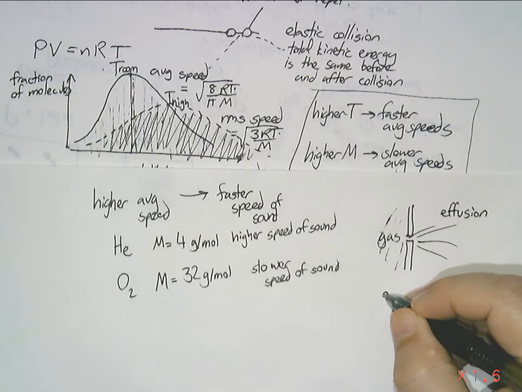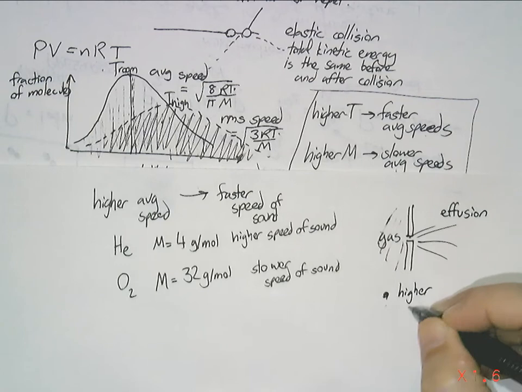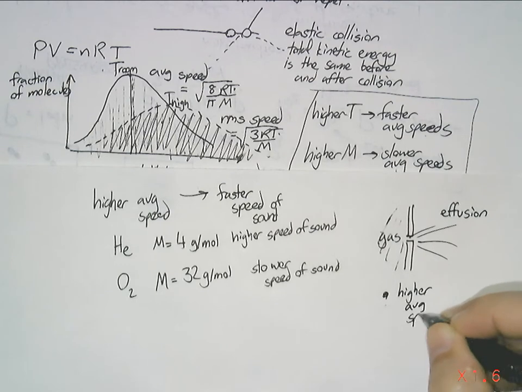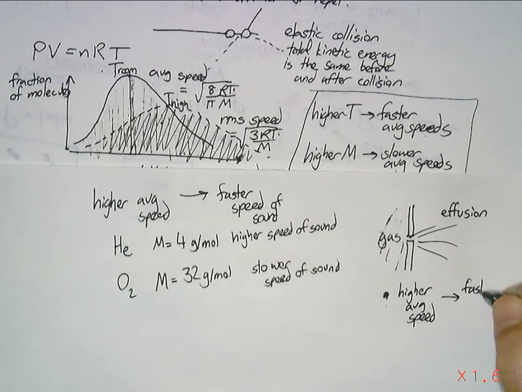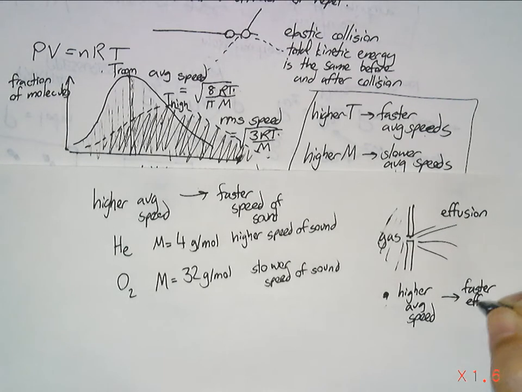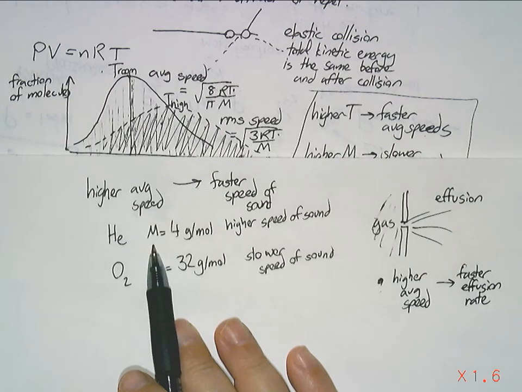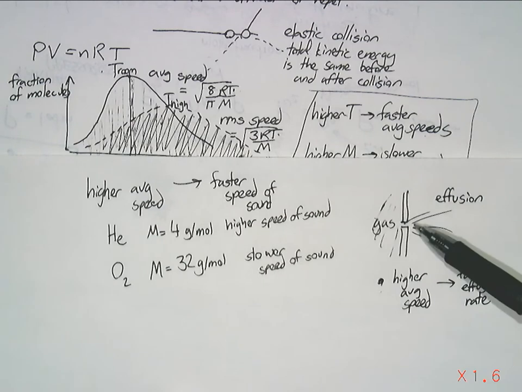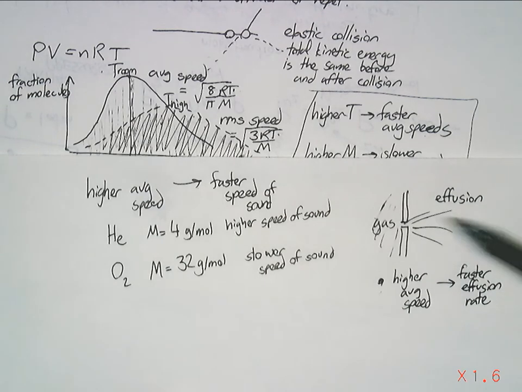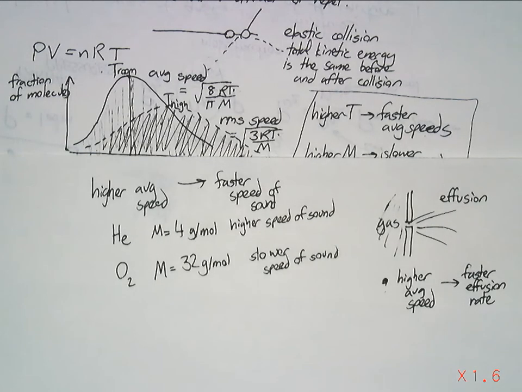The effusion rate, let's see, higher average speed for the molecules is going to give you a faster effusion rate. Now, since the helium is going to have a higher average speed, the helium will effuse faster than the oxygen. The oxygen will seep out of this pinhole slower, and the helium will seep out faster.